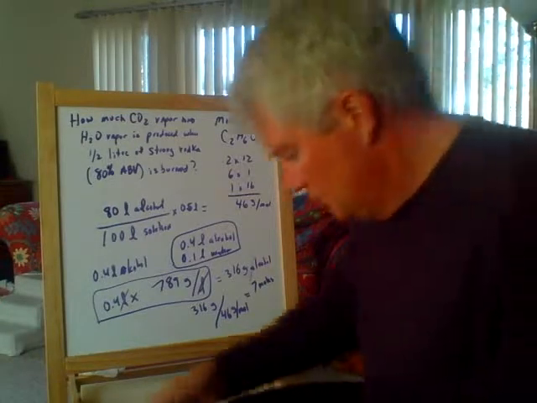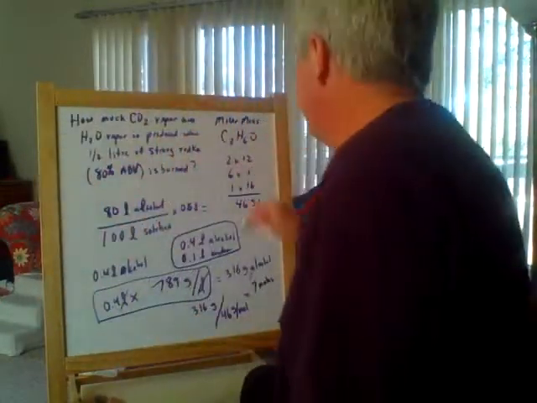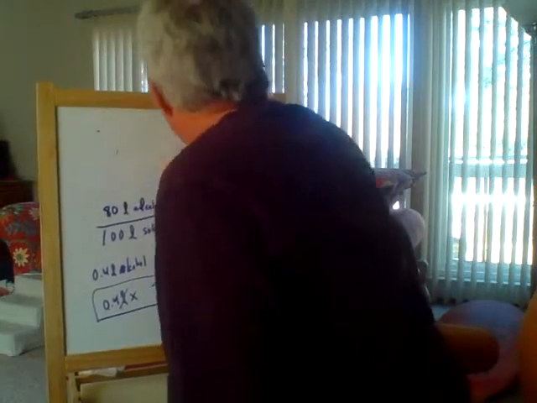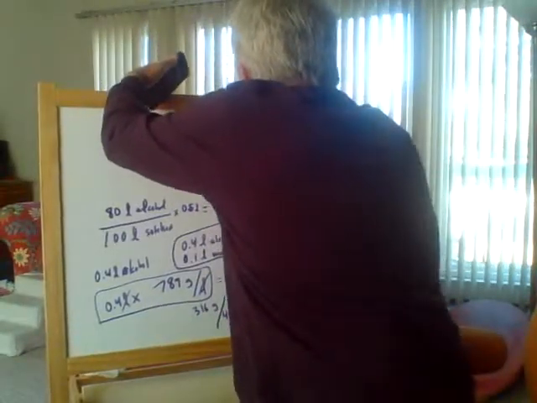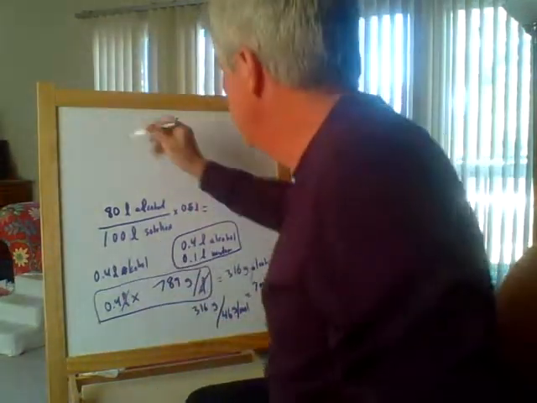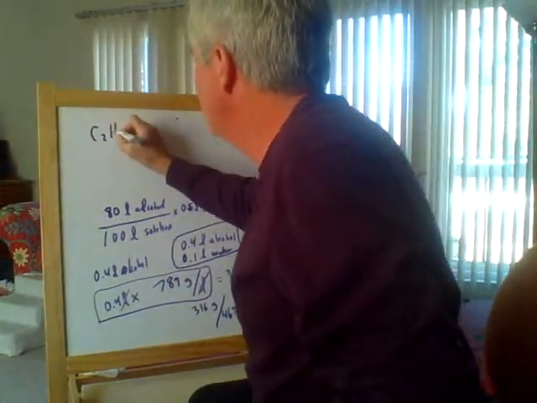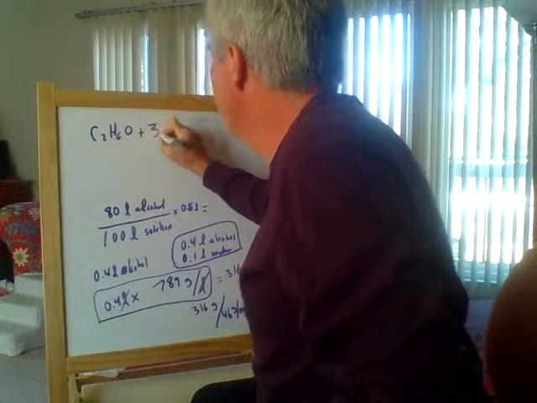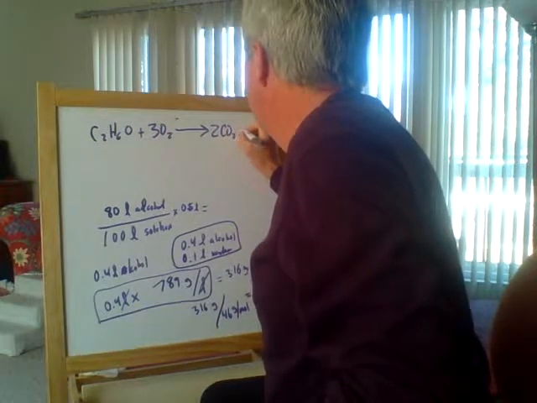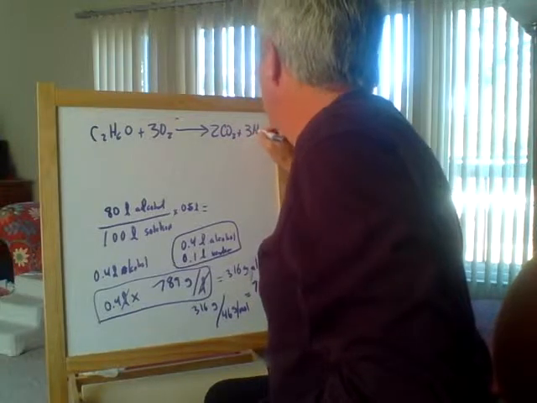So then, back from our earlier reaction that we drew, I'm going to draw it here real quick: the ethanol burning reaction is C2H6O plus 3 oxygens yields 2 carbon dioxides and 3 waters.